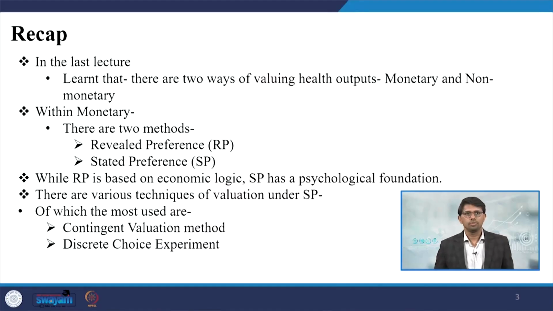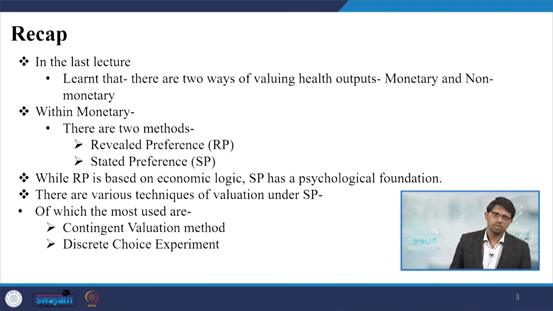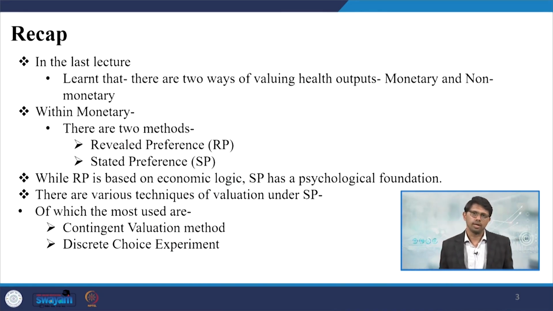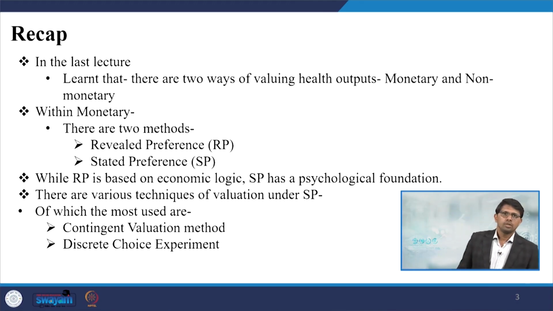lecture, we discussed the types of monetary approaches. We discussed there are two methods broadly understood in the context of monetary approaches. One is called the revealed preference approach and the second one is called the stated preference approach.